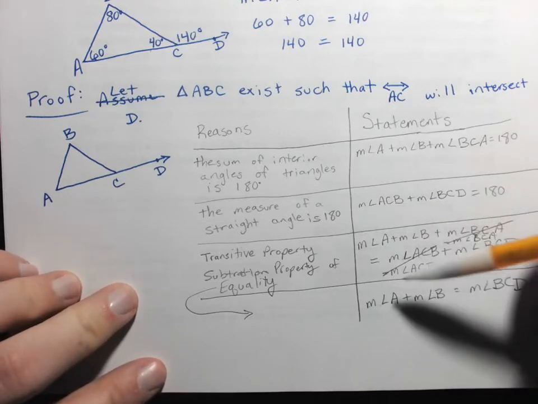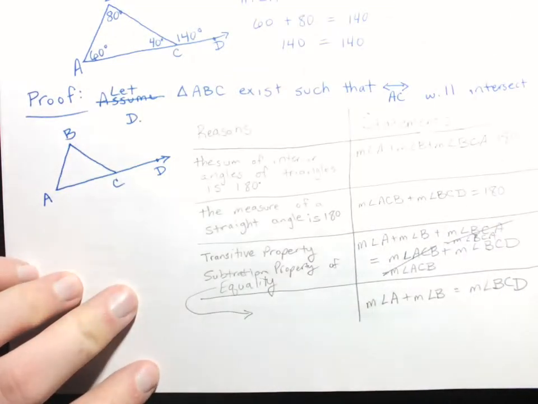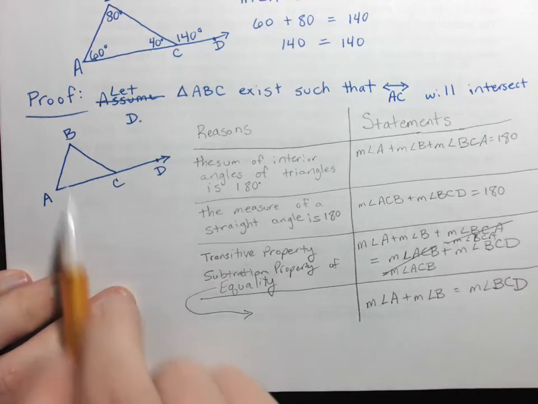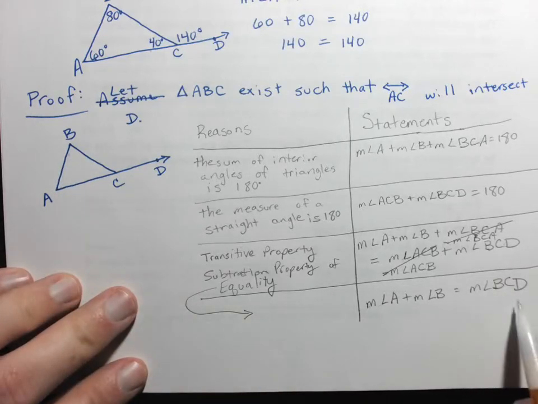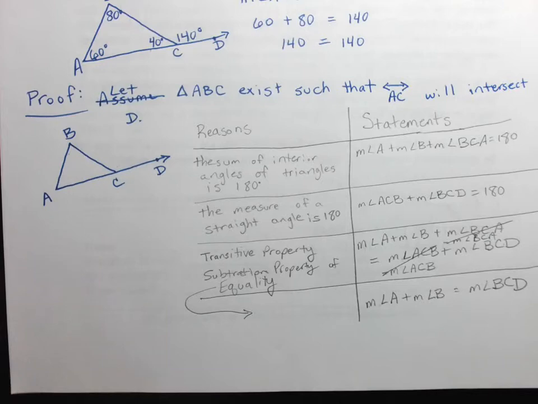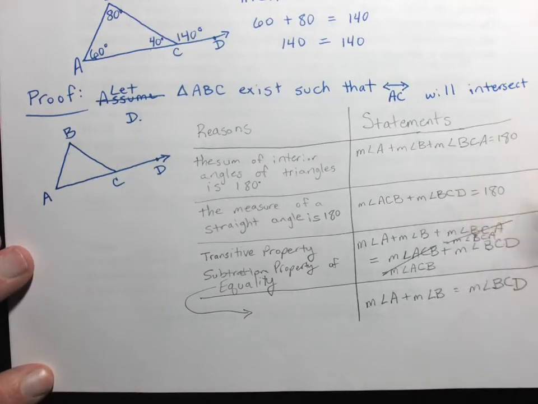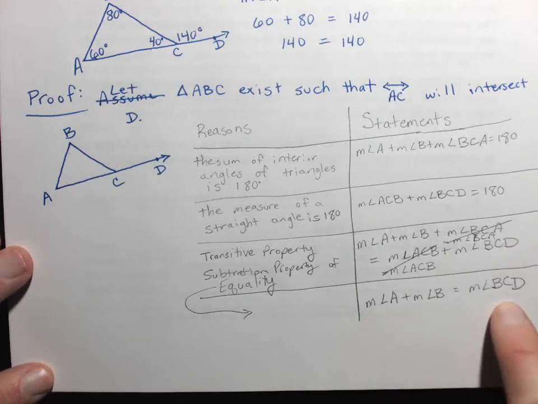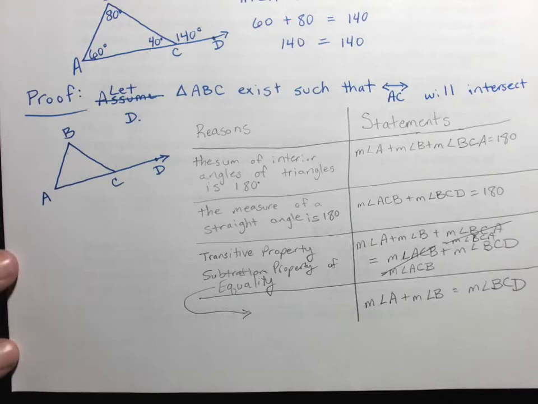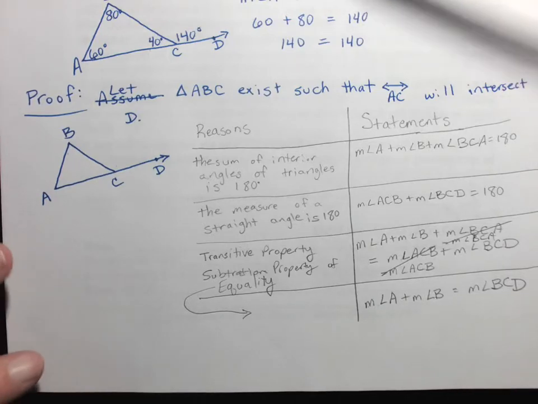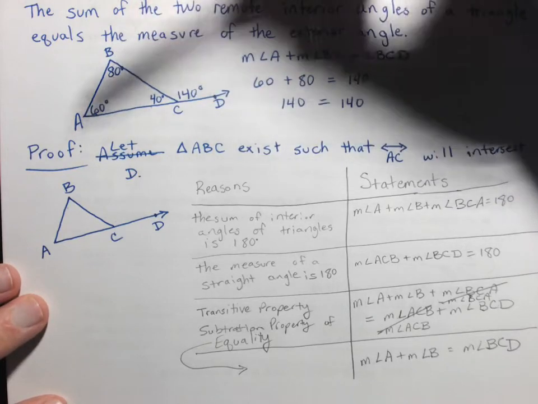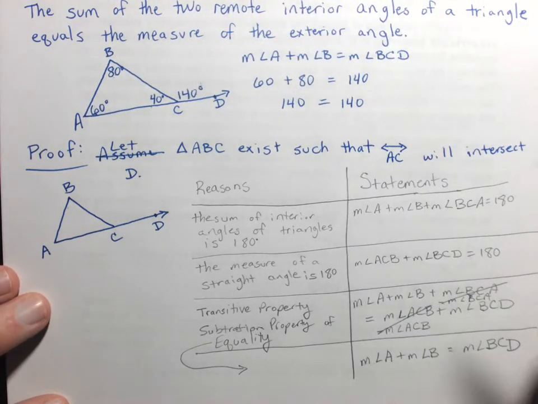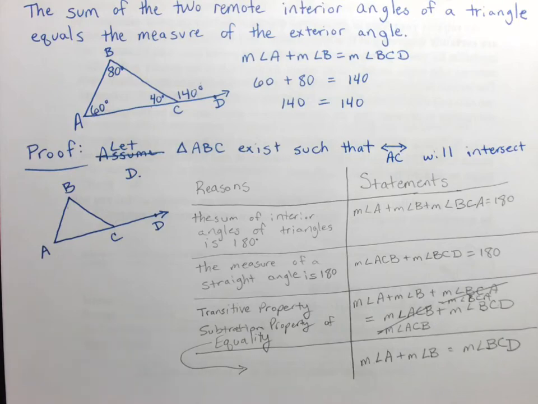Y'all see that the measure of angle A, which is an interior angle, plus the measure of angle B, which is an interior angle, equals the measure of angle BCD, which is an exterior angle. So this is the proof. These are the reasons that we can make these statements that show us that this exterior angle theorem is true. So all you're going to do is take your two interior angles, add them together, and their sum will be equal to the exterior angle.